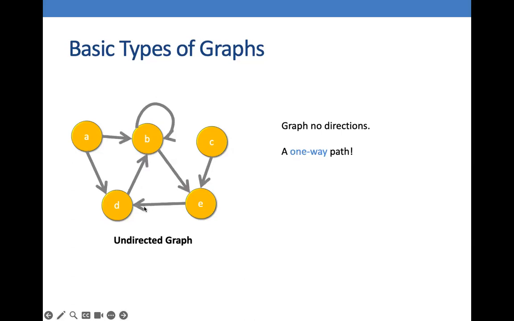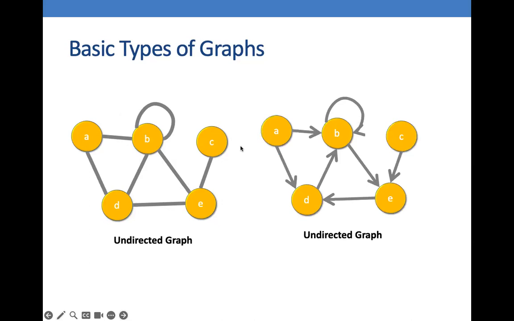Meanwhile, a directed graph is a graph with directions. In this case, we consider this as a one-way path. As you can see here, compared to the undirected graph, which has a two-way path between A and B, here we specify that there is a path only from A to B, but not B to A. Likewise, there is a path from A to D, but not D to A. So we specify here the direction.